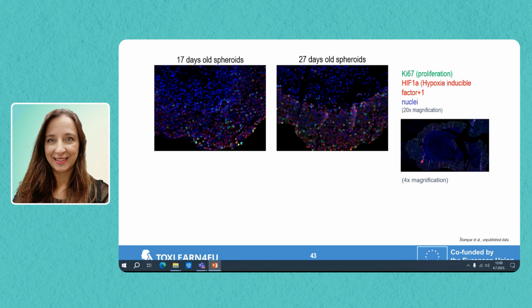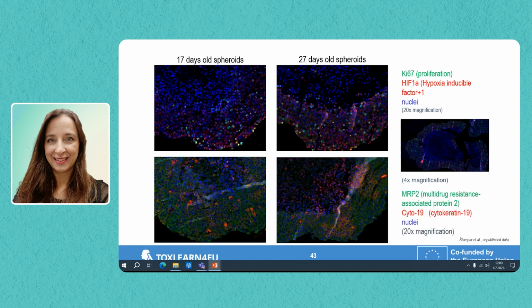You can see that this is a different labeling. These are the cells that are Ki67 positive, so it means that these cells do proliferate, but here we don't see this proliferation anymore. So if you remember, at the beginning I explained that we have different zones, so we showed it here nicely.